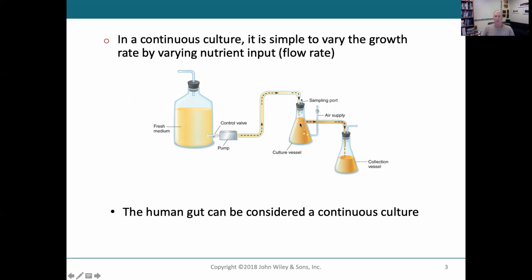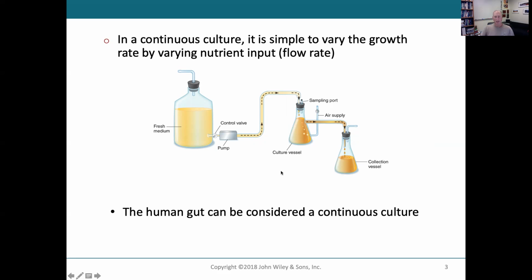And then, of course, because the volume can't just keep increasing infinitely, we have it dripping out here at a certain level into our waste vessel, right? As shown here, we also have air being supplied in here. All this, of course, has to be sterile so that we don't have contaminants getting in there.